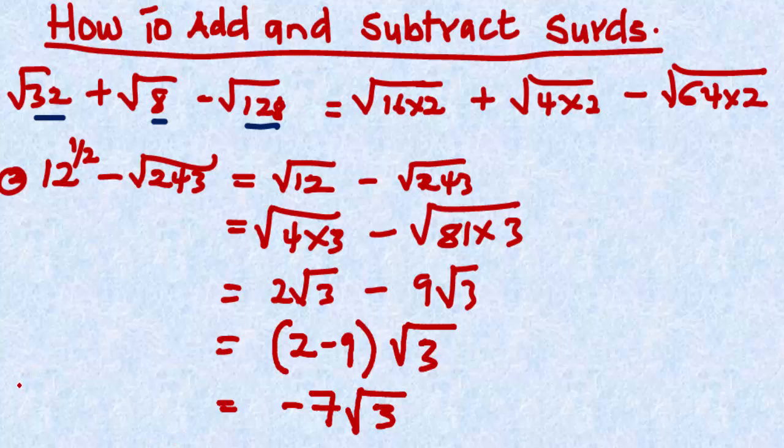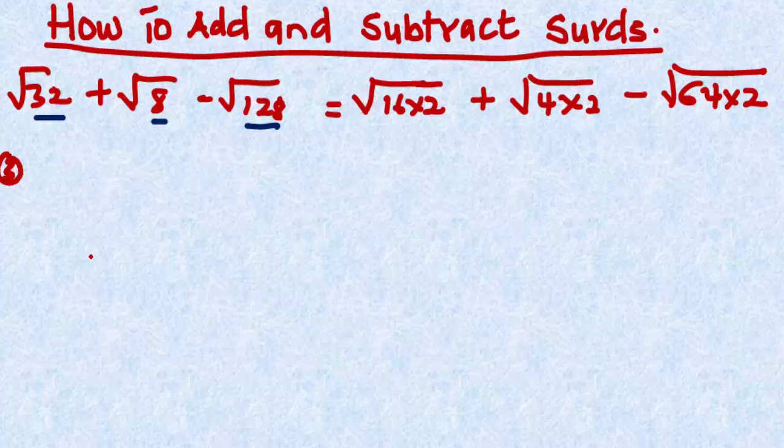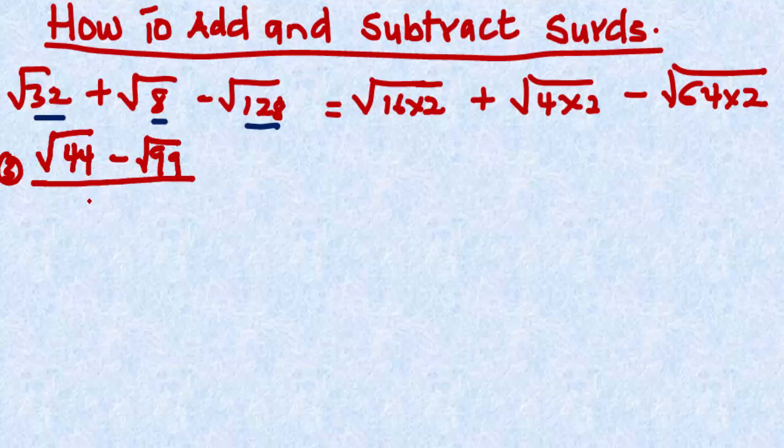Alright, so let's take the last two examples. Example 3, we have to simplify root of 44 minus root of 99 all over root of 275 minus 2 root 11. Okay, so simplifying this, you have to express the numerator, then express the denominator.